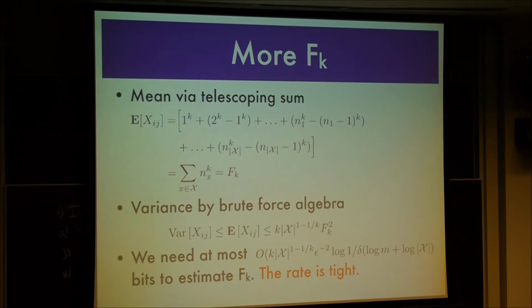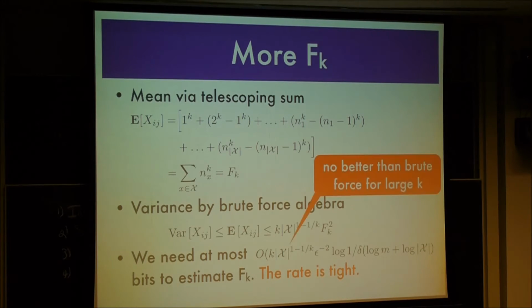And the problem of that is basically that, well, we don't really win because we need essentially as many bits as the support of the domain to estimate f_k. And the really surprising result is that, well, the rate is tight. So in other words, we don't have any chance of really doing much better than brute force for large k.